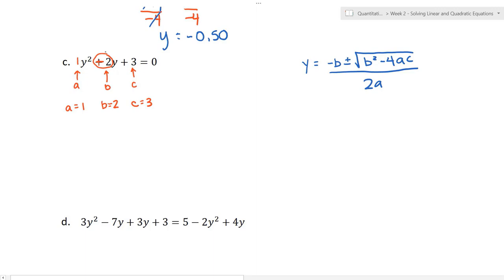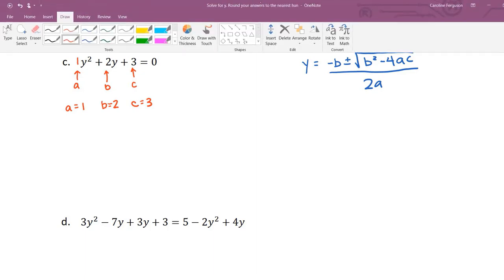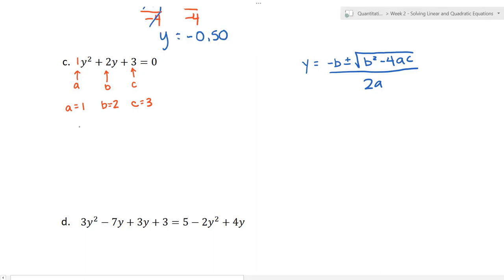All right, so now that we know what our a, b, and c are, we just have to plug them into the quadratic formula. So I have y is equal to negative b. That means whatever b is, change the sign of it. So it used to be a 2, now it's negative 2 plus or minus the square root of b squared.